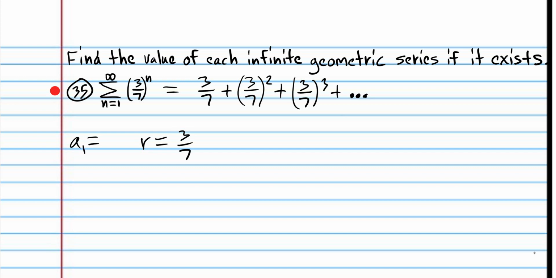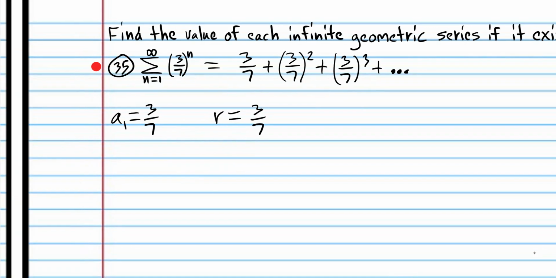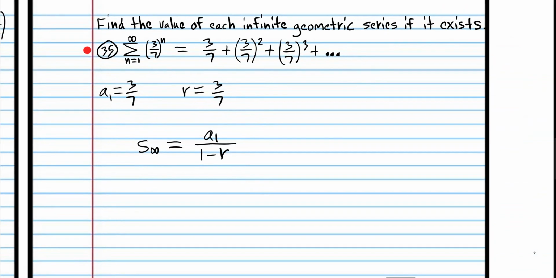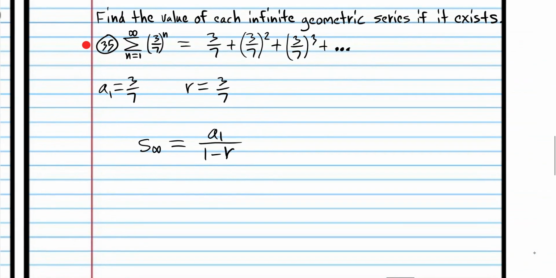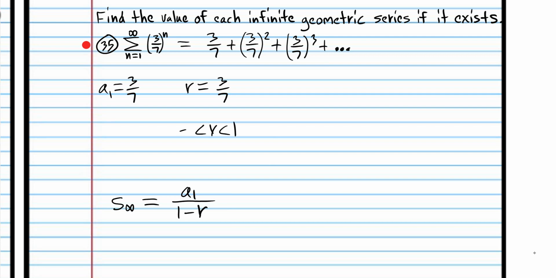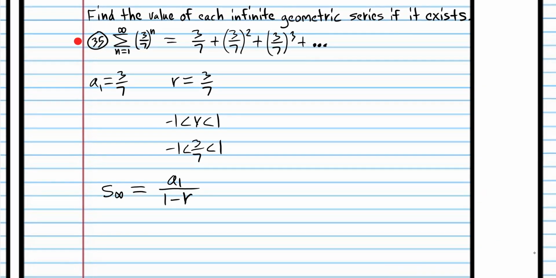The first term in the sequence is 3/7. So what that means is we can use our formula for an infinite geometric series where r is between -1 and 1. So maybe we'll write that just to show r must be between -1 and 1, and we confirmed that that's true. 3/7 is between -1 and 1.